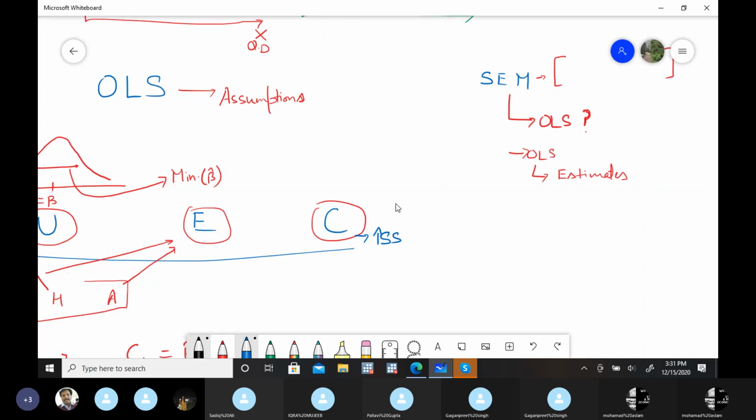Any one of you want to guess what the word consistency means in this OLS methodology, when we say results are consistent?